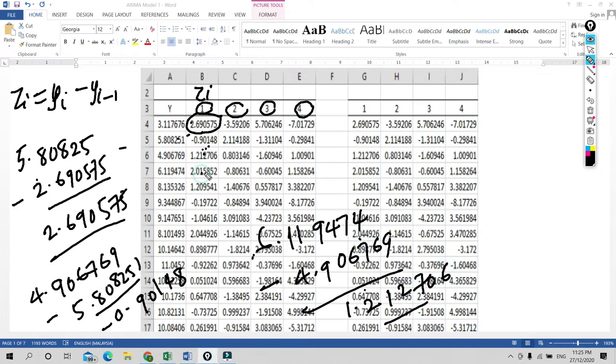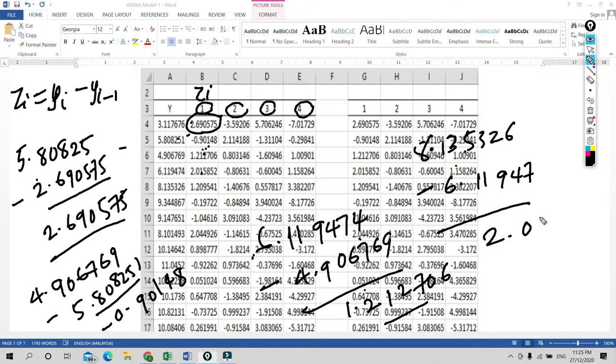And this value, 2.01, is 8.135326 minus 6.11947, so we get the value of 2.015852. These are the first order differencing.